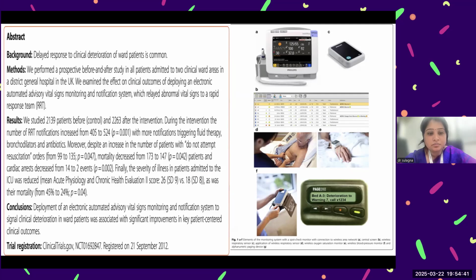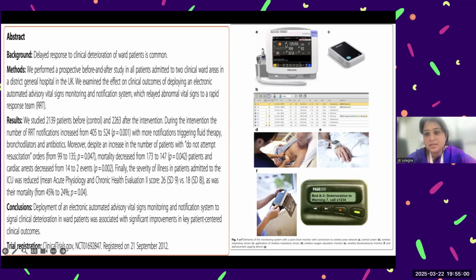So they concluded that deployment of an electronic automated advisory vital sign monitoring notification system to signal clinical deterioration in ward patients was associated with significant improvements in key patient-centered clinical outcomes.